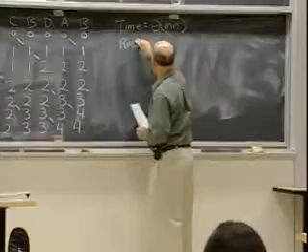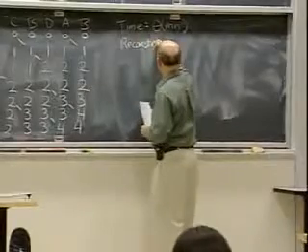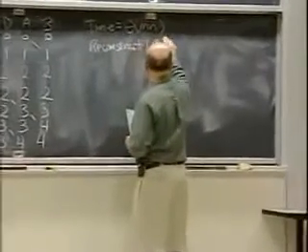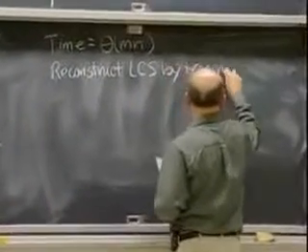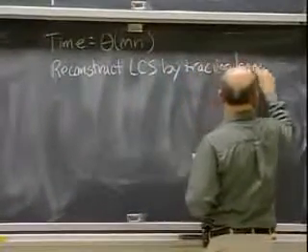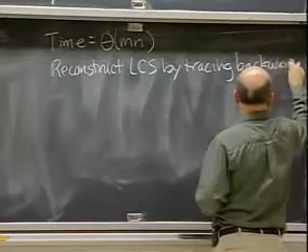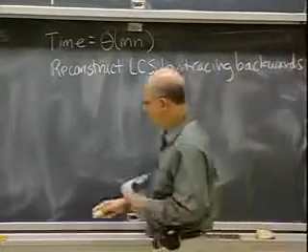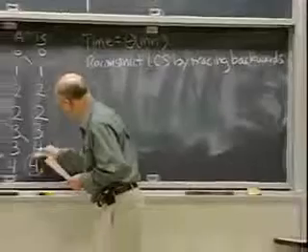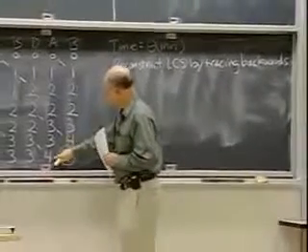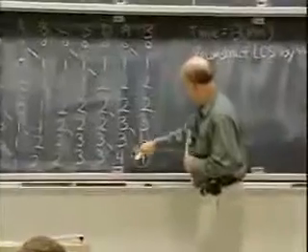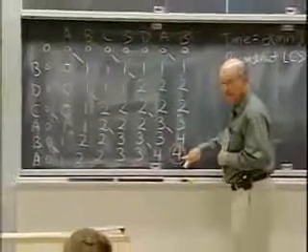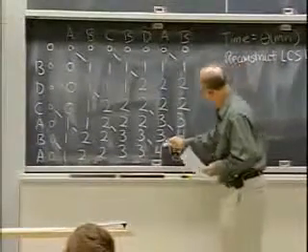I can reconstruct the longest common subsequence by tracing backwards. So essentially, I start here. Here I have a choice, because this one, since it doesn't have a bar here, was dependent on one of these two. So let me go this way.